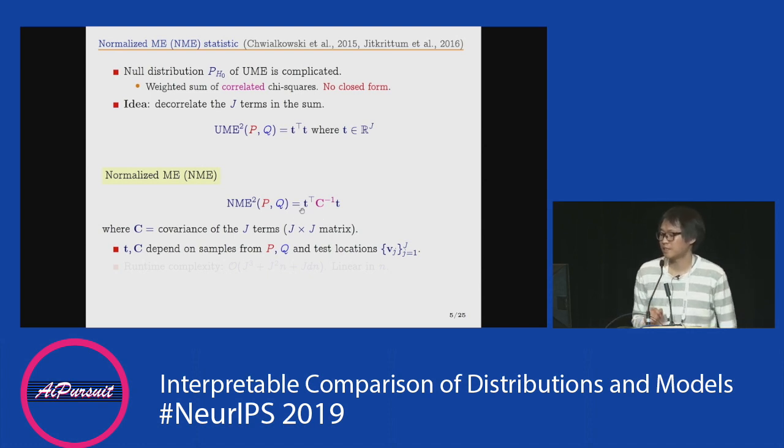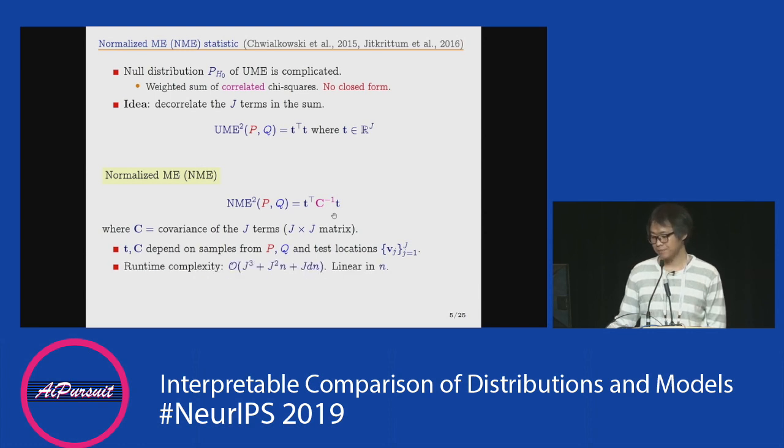And notice that t and c both depend on the samples, the kernel, and the test locations. And this new statistic is called the normalized ME statistic, or NME. The runtime complexity of this is still linear in n. So it's j d n here, but it's cubic in j because of the inverse of a j by j matrix. And t and c can be estimated easily.